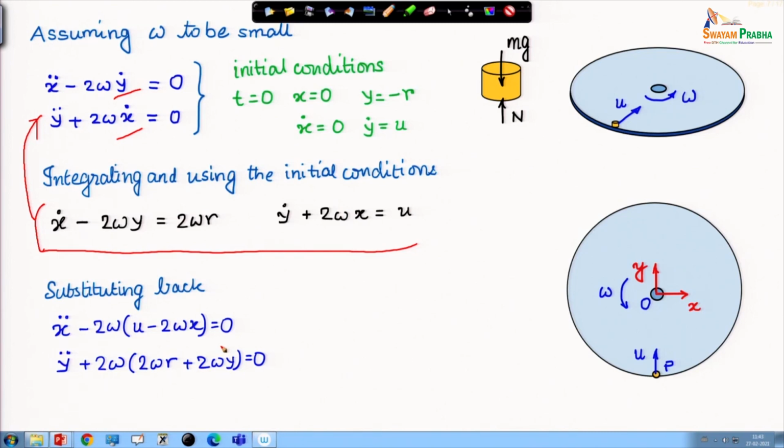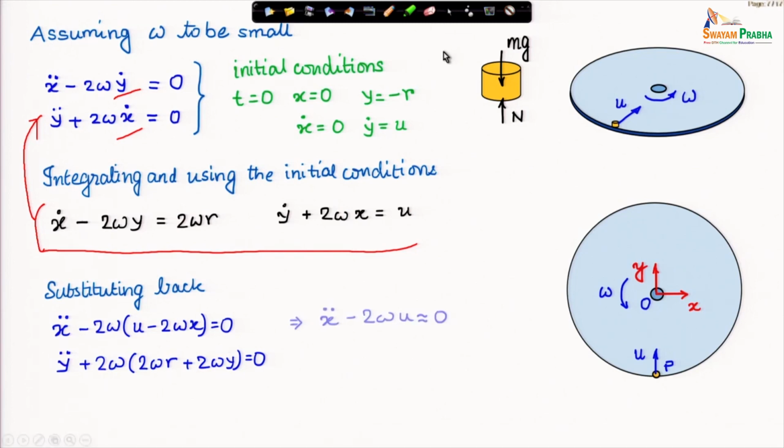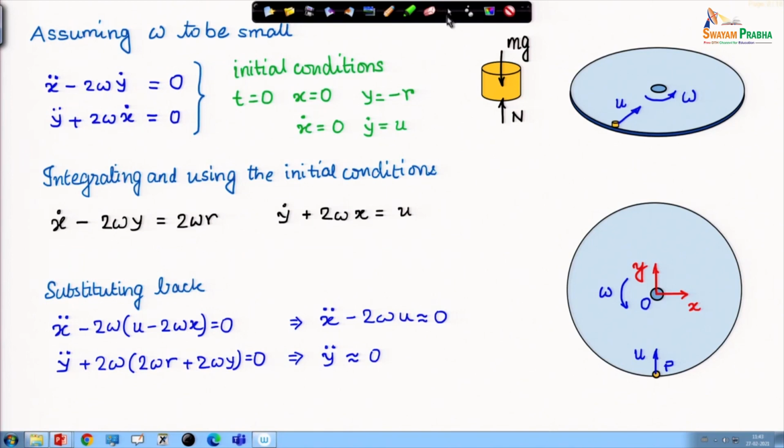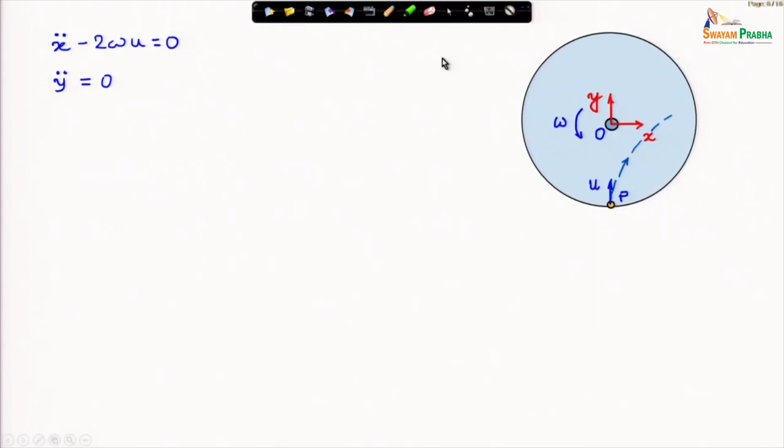If I drop omega square once again, then the first equation gives me x double dot minus 2 omega u is equal to 0, it is constant, and y double dot is approximately 0. So, these are our simplified equations.